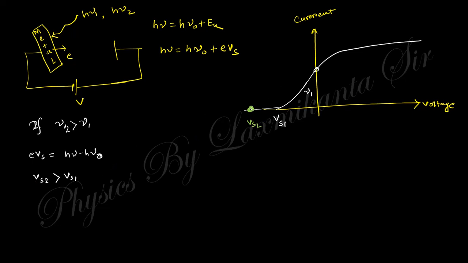After that, the initial current will also increase. But here the intensity is the same, and you know intensity is the count of the available electrons in this region. That's why this saturation will be the same. Clear? So this is for nu2.